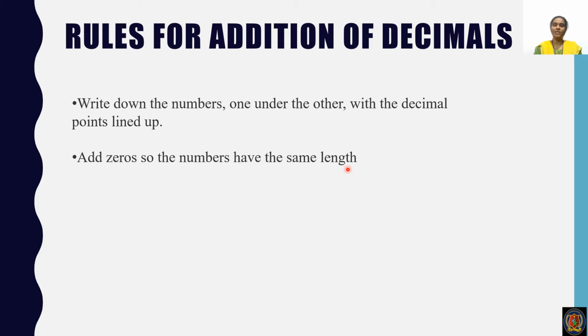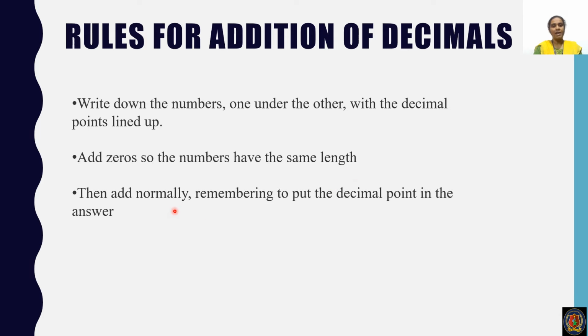What is the meaning of that? It means we are writing them as like decimals, that is, the number of decimal places should be the same. Then we add normally as we do the whole number addition, and remember to put the decimal point in the answer.